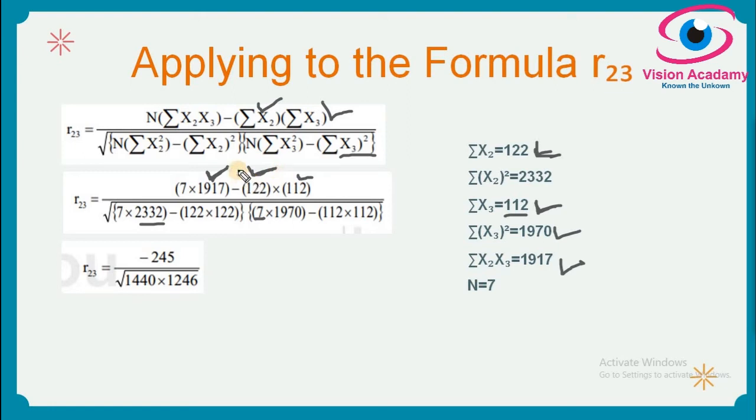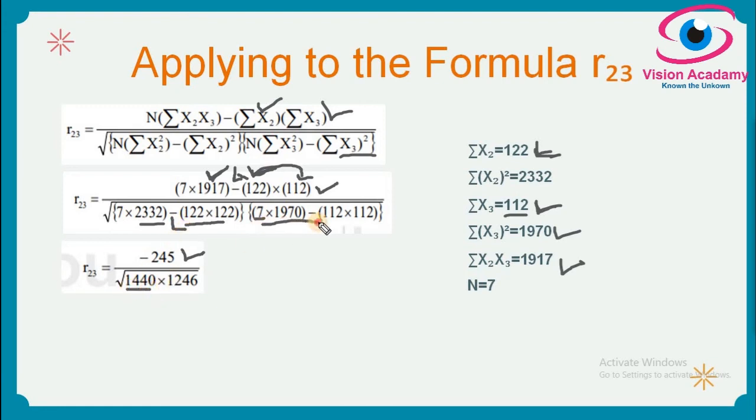Thereafter I will subtract this value from this value. This portion has the highest value, so I got minus 245 as a negative value. In the denominator, firstly 7 into 2333, I will keep that value aside, then 122 into 122. When I subtract this value from this value, I got 1440.